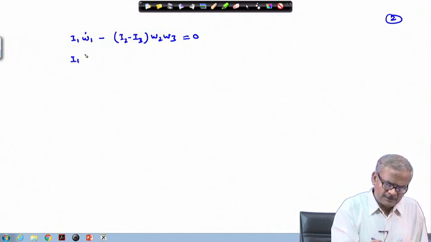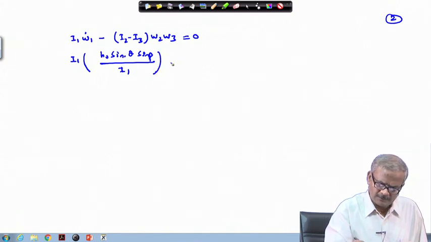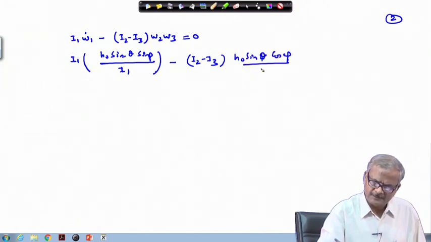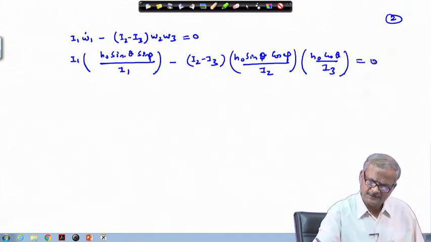And here if we insert omega 1, this is H 0 sin theta times sin phi divided by I 1, minus I 2 minus I 3 times omega 2 omega 3, as we have written: H 0 sin theta times cos phi divided by I 2, and the other one is H 0 cos theta divided by I 3, this equal to 0.